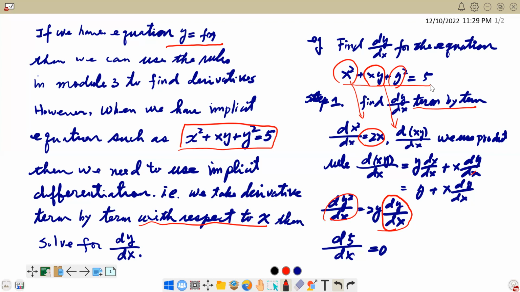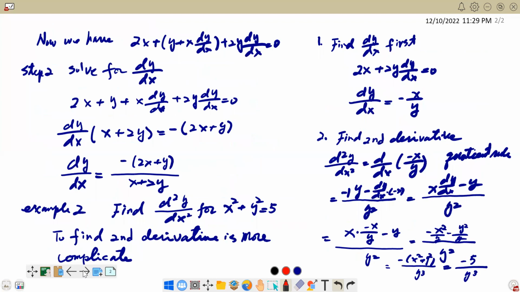And the last term, 5: d5/dx, 5 is a constant, so the derivative is 0. So now we have the equation 2x plus y plus x dy/dx plus 2y dy/dx equals 0.